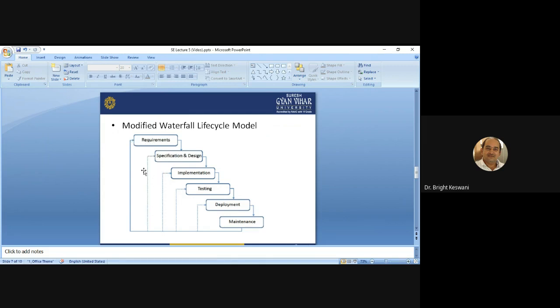So the dotted line shows the feedback. Okay, so feedback is the advantage of this modified waterfall life cycle.